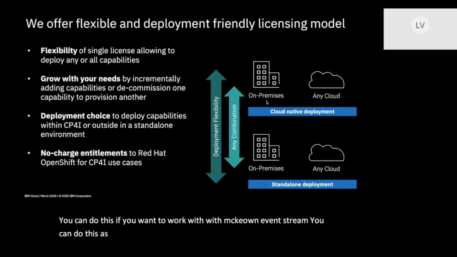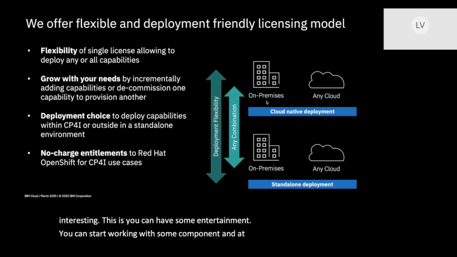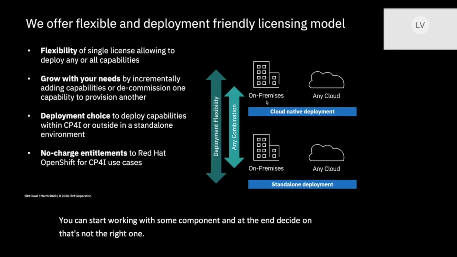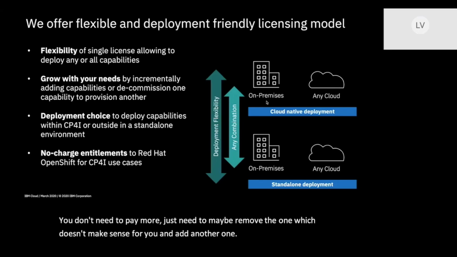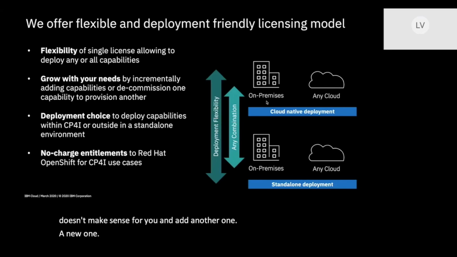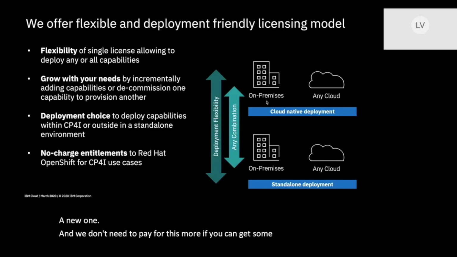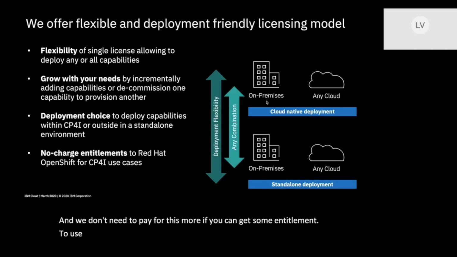And what could be interesting is that you can start working with some component and at the end decide that's not the right one. You don't need to pay more. You just need to remove the one which doesn't make sense for you and add a new one, and you don't need to pay more for this since you get an entitlement to use different components of your Cloud Pak for Integration. And there is also an entitlement for Red Hat OpenShift. You don't pay the license for Red Hat OpenShift twice.